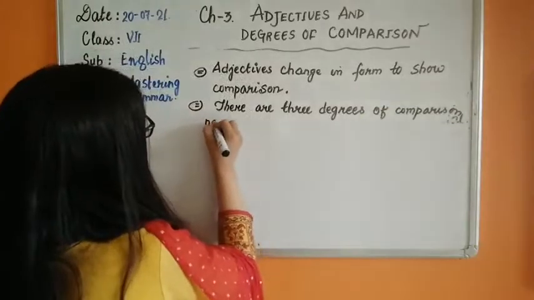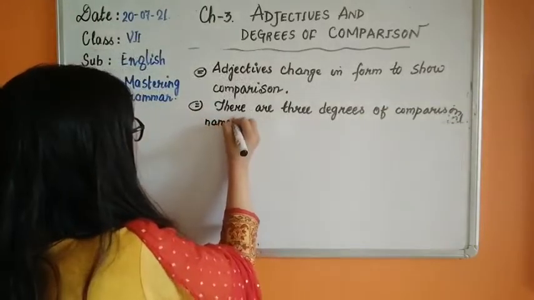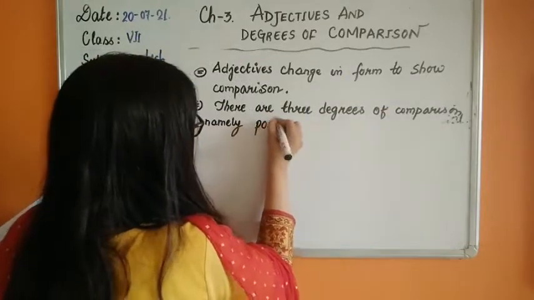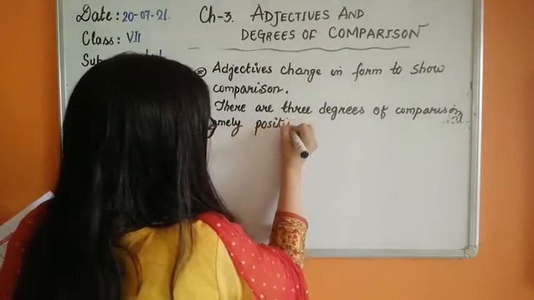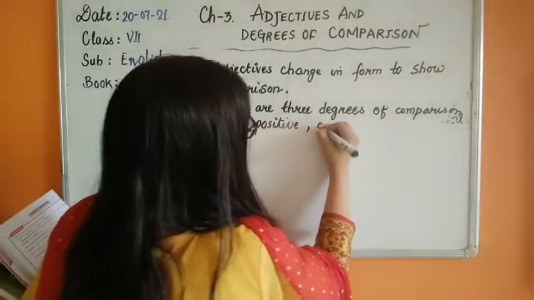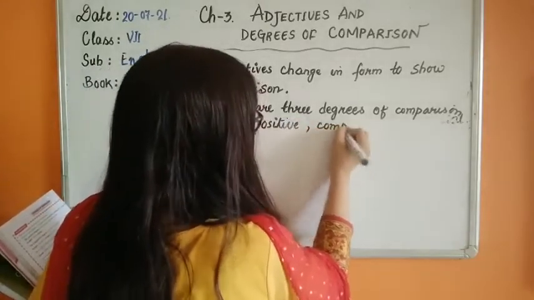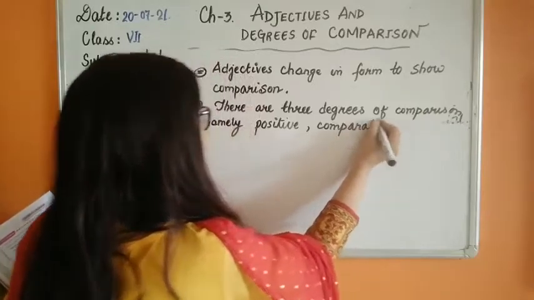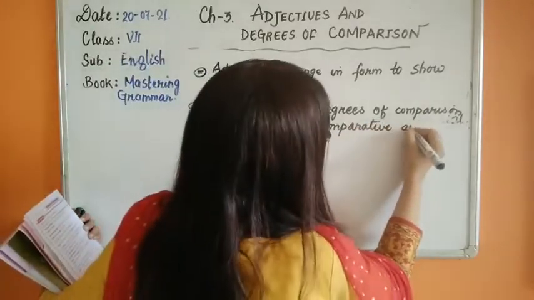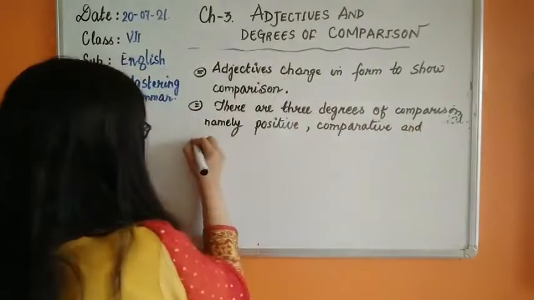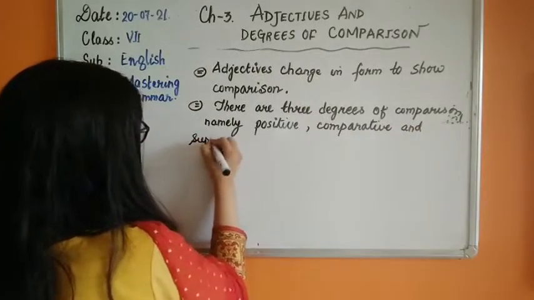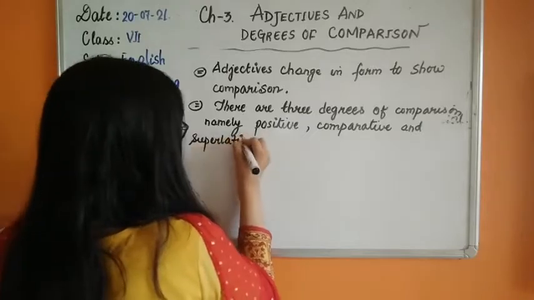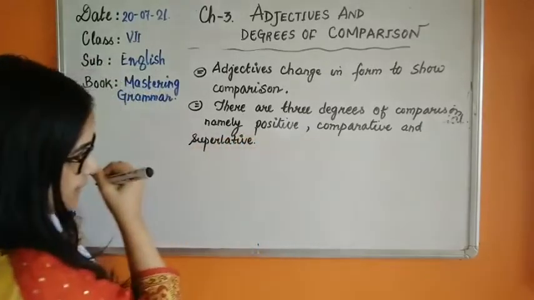Namely, first one, children, is positive. Second one is comparative. And the third one is superlative. Okay.